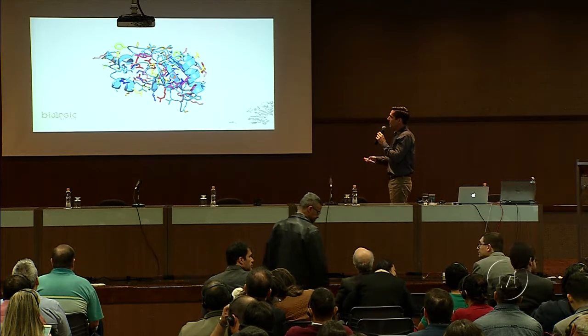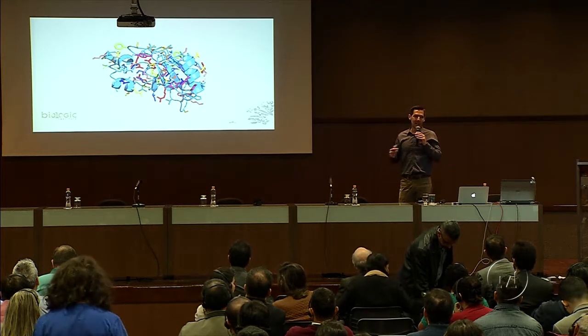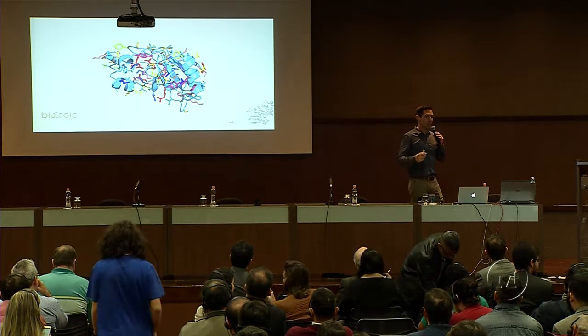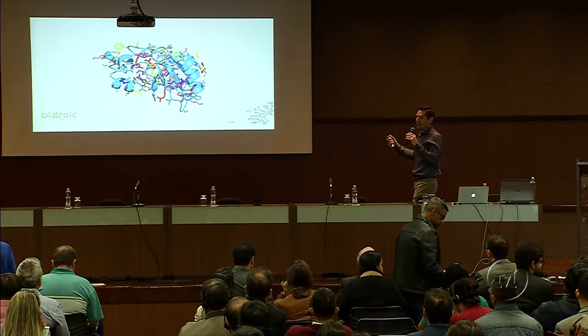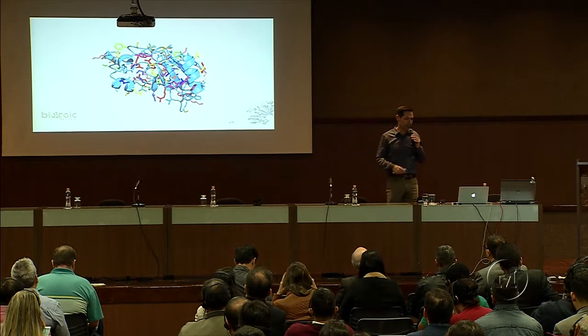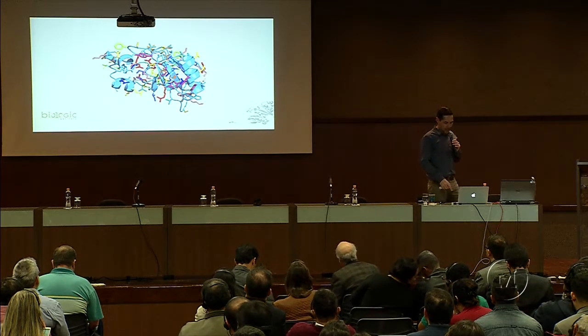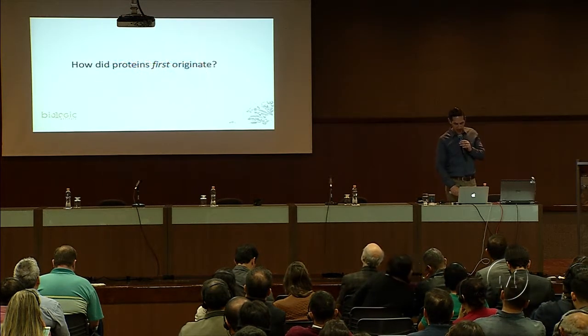If you don't have the right interactions between these appendages, the floppy chain will stay a floppy chain, and it won't stay a floppy chain for long because life doesn't like to have floppy proteins, and there are enzymes that will chew them up and chop them up and recycle the amino acids. So that's the first question, is where do proteins come from in the cell?